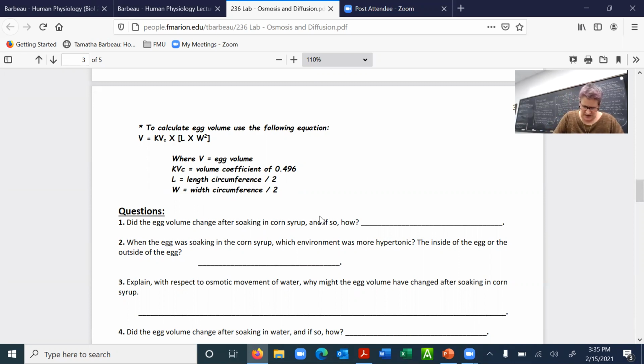So when I do that, and I need my calculator because I can't do this off the top of my head, my original length was 16.5. So 16.5 divided by 2 should be 8.25. Let's see if that's true. And it sure is. So divided by 2 equals 8.25 centimeters.